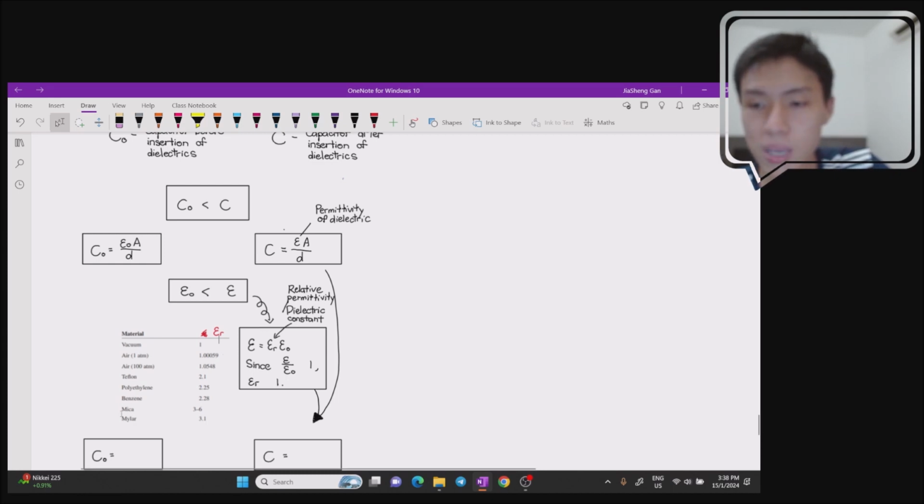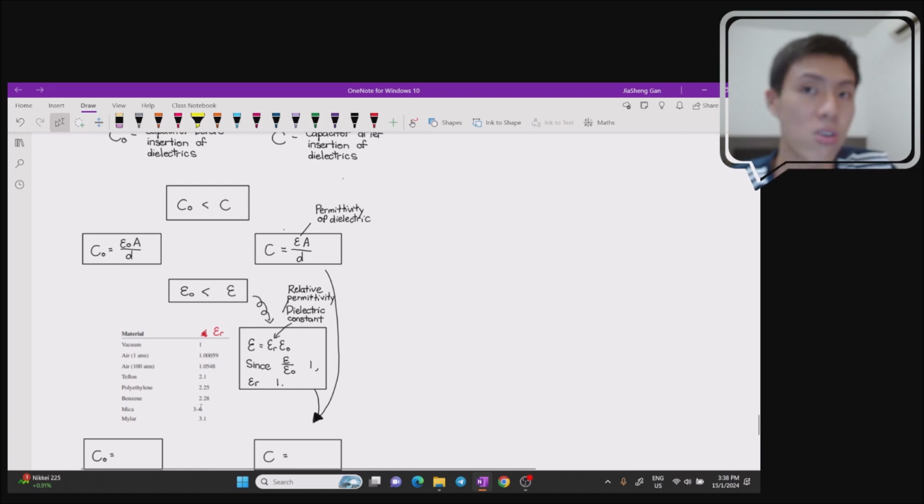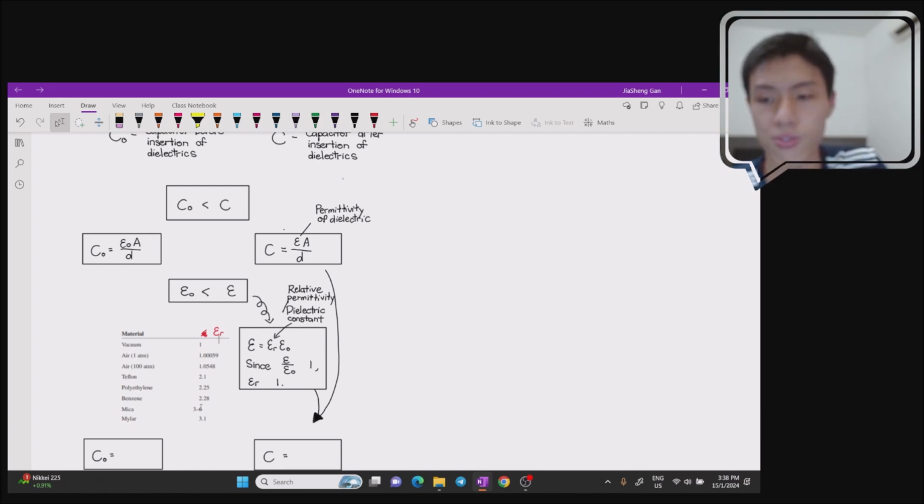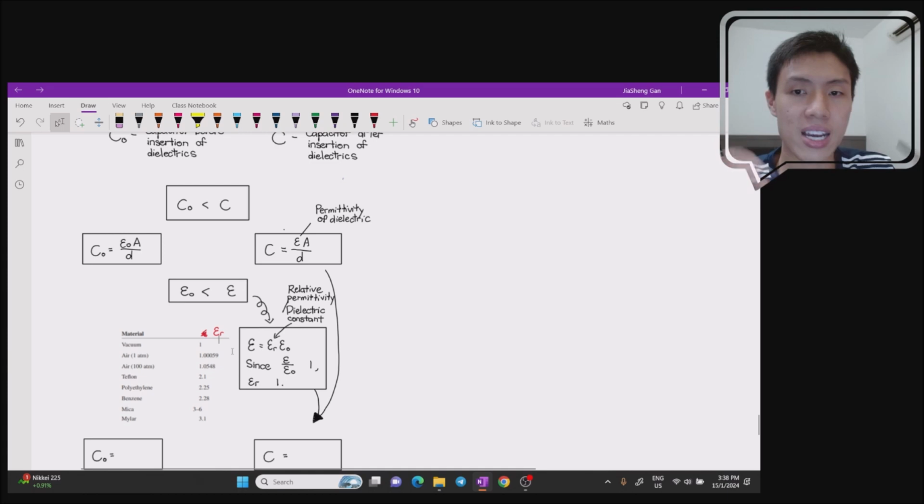If you put in mica between the capacitor, you improve the permittivity by 3 to 6 times its original permittivity, which is 8.85 times 10 to the power negative 12. If you insert benzene, it improves by 2.28 times. So this number of times is represented by epsilon r, which is the relative permittivity.